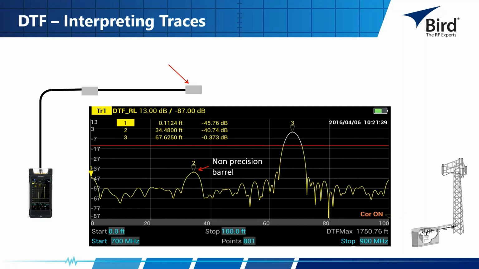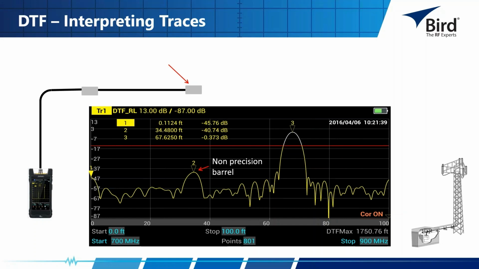You might ask yourself, if I have 33-foot sections of cable, why is my marker at 34.5 feet? Well, it's a non-precision barrel, which changes some of the insertion loss. When the insertion losses are not necessarily correct, that affects your distance.